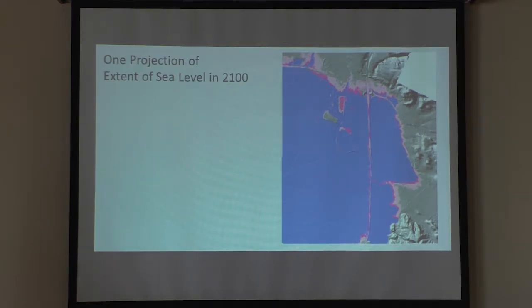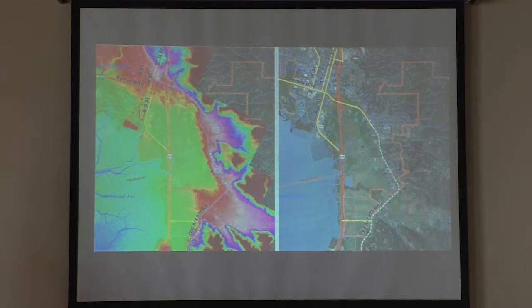So this is the vulnerability area, and the question is, what are we doing about it? Can you stop sea level rise from happening? Maybe to some extent for a period of time, right? So again, just overlaying those images next to each other, LIDAR and the aerial image, so that you can get a sense for where these areas are and what the impacts are going to be.